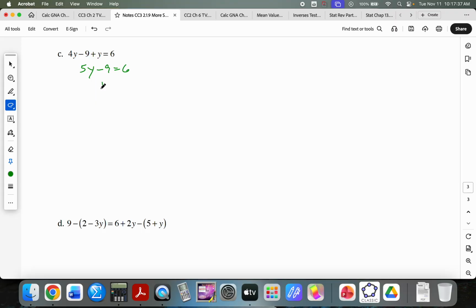Okay, I could add 9 to both sides, making a zero pair over here, and now I have 5y is equal to 15. And then what? Yes, sir. You can divide the y by 5 and the 15 by 5. Yeah, we're dividing this up into groups of 5, and every group has got to have 3 then. Good.